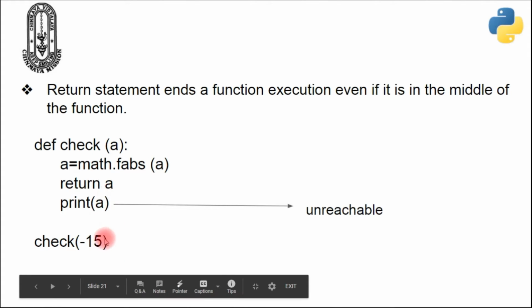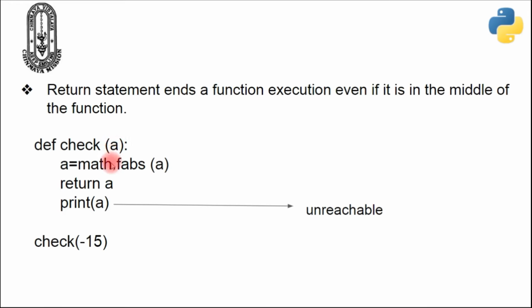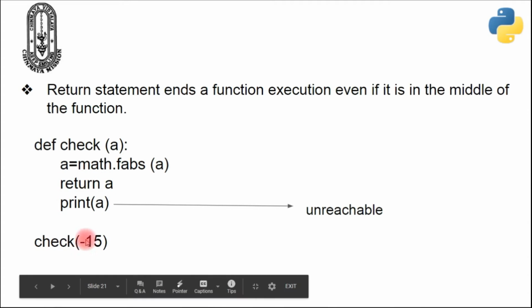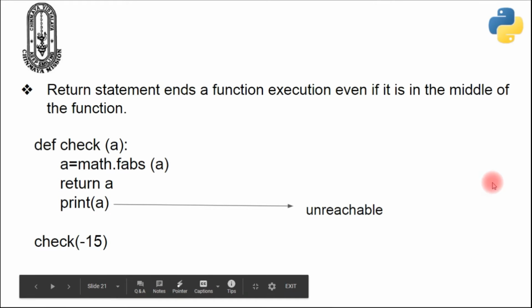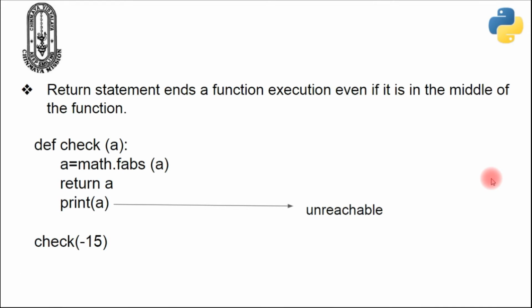After the function call, the control goes to the function, the value is stored in the variable a, it executes the first statement inside the function body, and whenever control reaches the return statement, the data is returned to the function call. So this print statement is unreachable, because the function check will end with the return statement, and control will never reach this print statement.